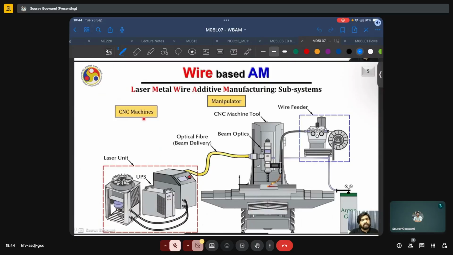A metal feedstock delivery unit in the form of a lateral wire feeder is attached to this head, and a dedicated wire feeding system is responsible for transfer of wire feedstock at the required material deposition rate. The interface between all of these is controlled using sophisticated controllers. Again, argon gas is used to provide a protective atmosphere around the liquid molten pool.